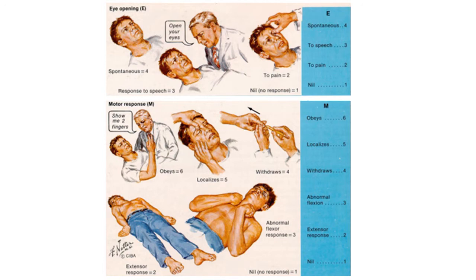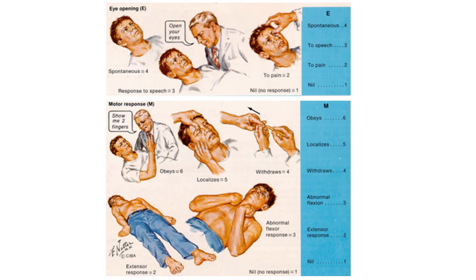And if patient is not fully awake, we can apply pain stimuli at the supraorbital region or at the sternum. If patient reacts to it by moving towards the pain and tries to remove the pain stimuli, then it is considered localized. If patient will just withdraw from the pain, it is considered 4.